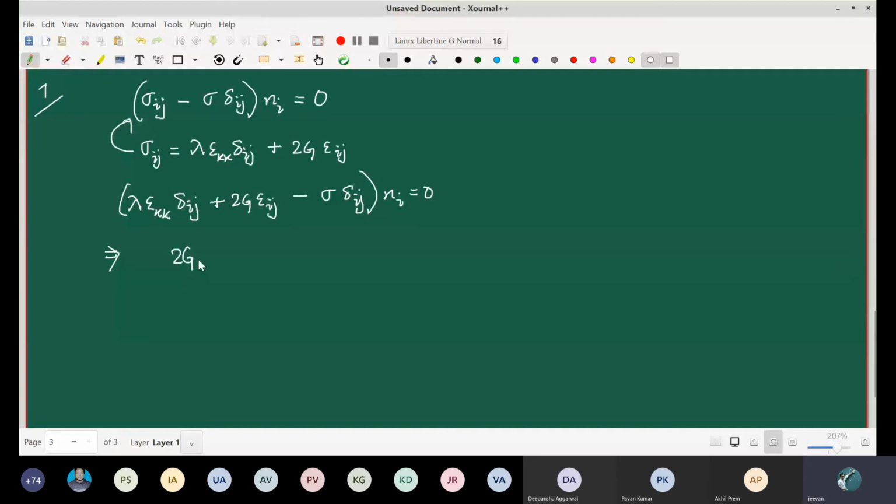So just rewriting this, basically some algebraic manipulation we are doing. And in the next step, we'll just divide throughout by twice g, so that this is like this.